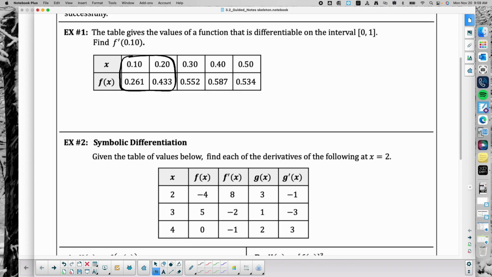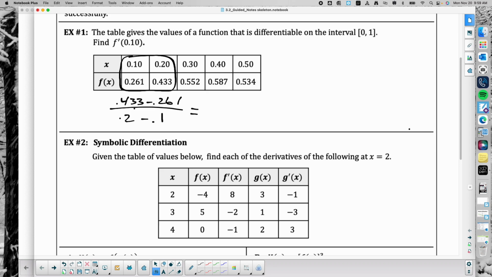So then we would just do slope between 2 points. Top numbers are the y values, bottom numbers x values. And then that would come out to be whatever.